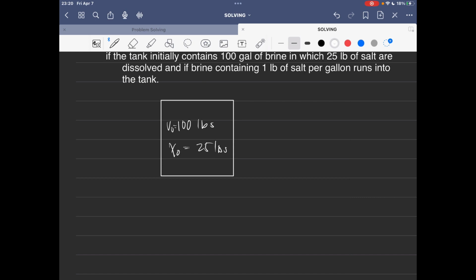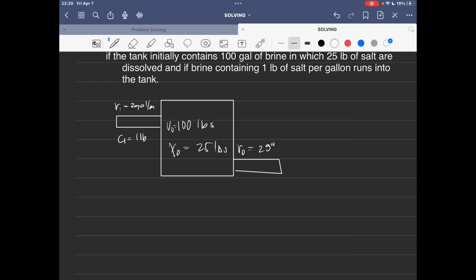So we're going to work with what we have in the previous example, which our C sub i now is 1 pound of salt per gallon, and our R sub i is still 2 gallons per minute, which is the same for R sub o.